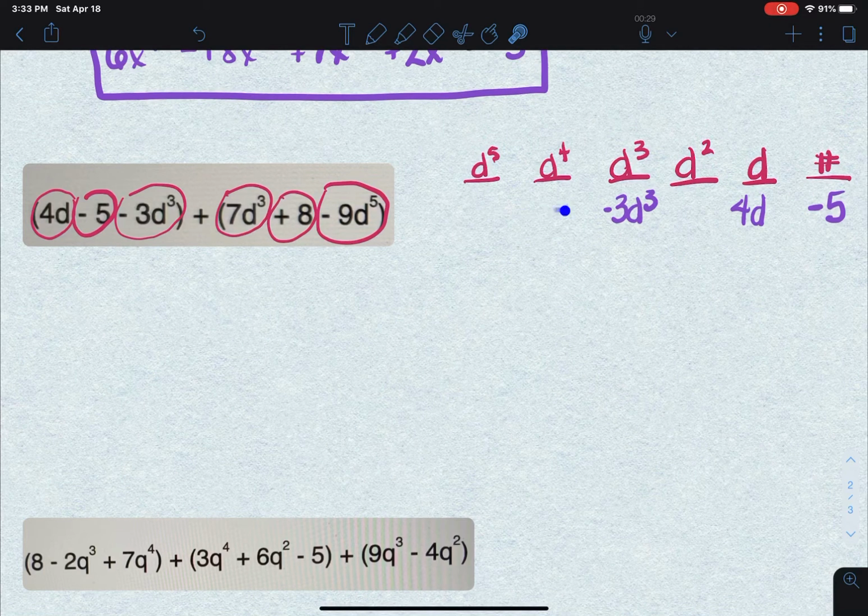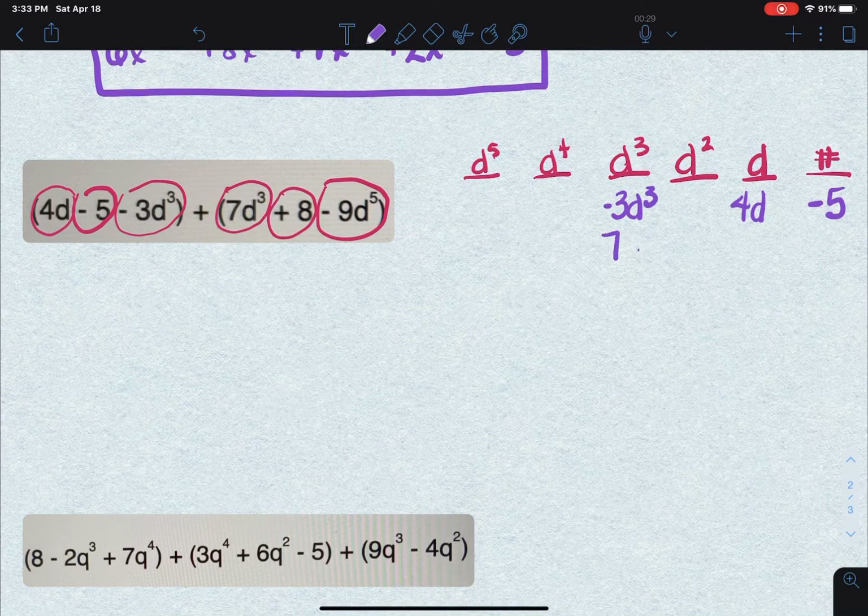But if you want to write some of these in spots you have up here, you're more than welcome to, as long as you get them in the right column. That's really what matters. Okay, so 7d to the third, plus 8 and negative 9d to the fifth. So once I know I've gotten everything here into the column that it belongs in over here, I can make my plus sign and draw my line.